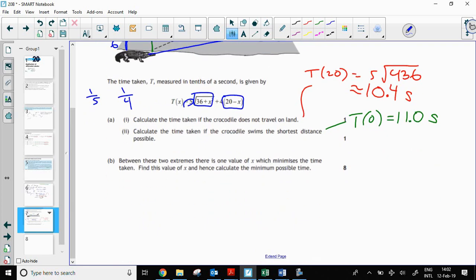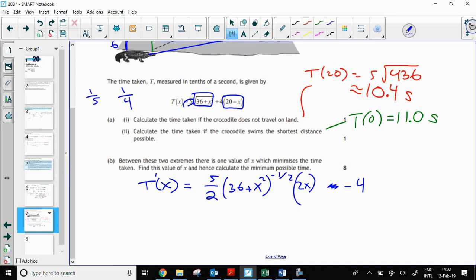What is it going to be? Well, we have the function t of x, and we're going to differentiate it, and that shouldn't be too hard. That's going to be 5 over 2 times 36 plus x squared to the negative 1/2, chain rule. We multiply by 2x, and then we're going to add, let's just say, minus 4.